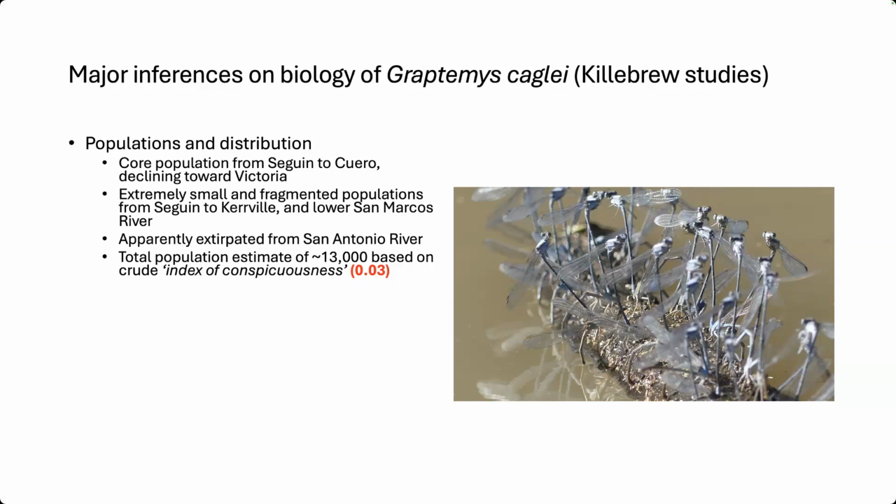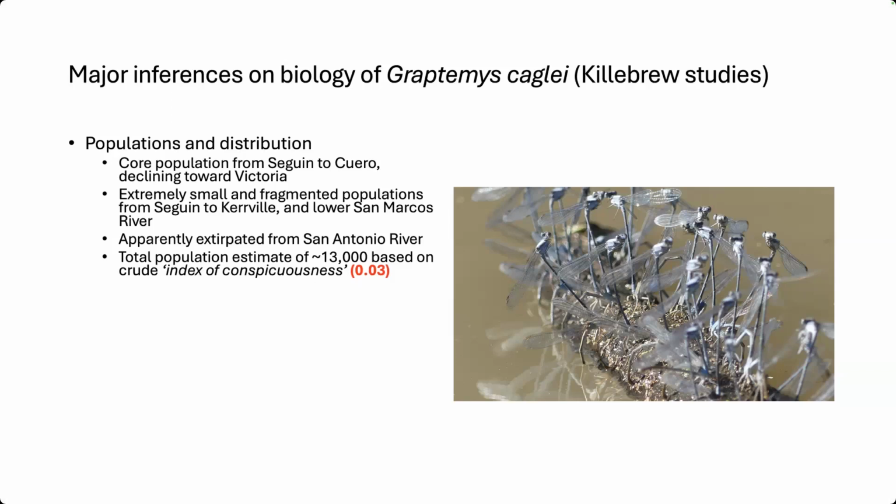Then they would float that same stretch of river and let's say they counted 100 turtles. So they would say that their index of conspicuousness is 0.1 or 10%. They saw 10% of the turtles there. They used that index as a metric to apply to single pass surveys across the entire river drainage to come up with this global estimate of abundance.